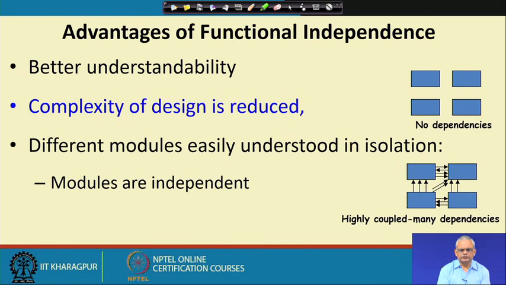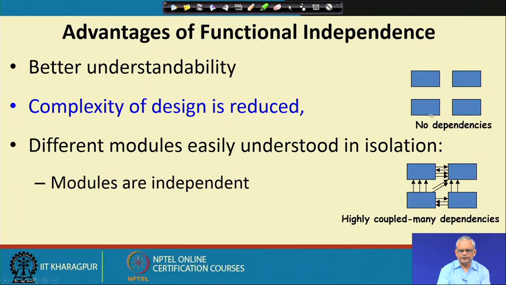But we should be clear why we want a functionally independent set of modules. As we said, this results in better understandability compared to a highly dependent set of modules.